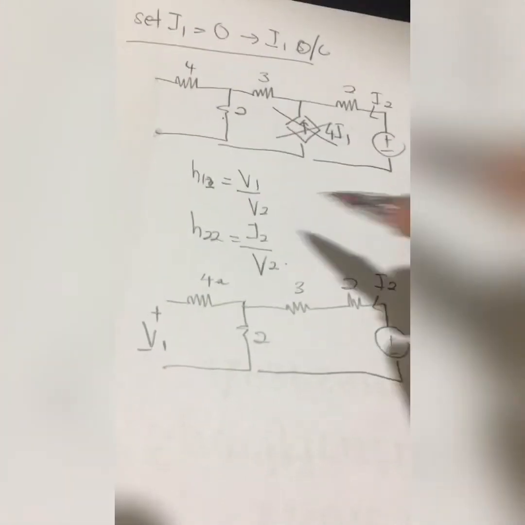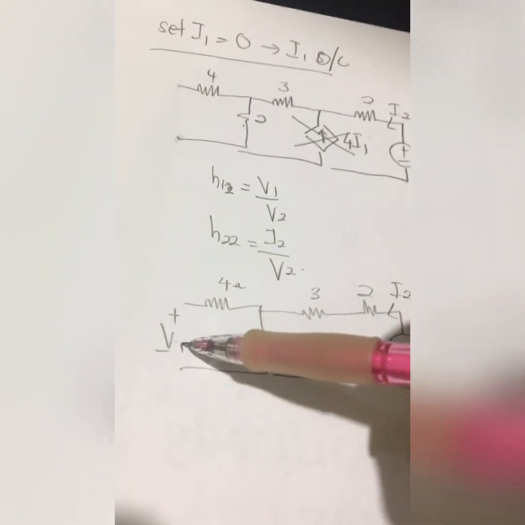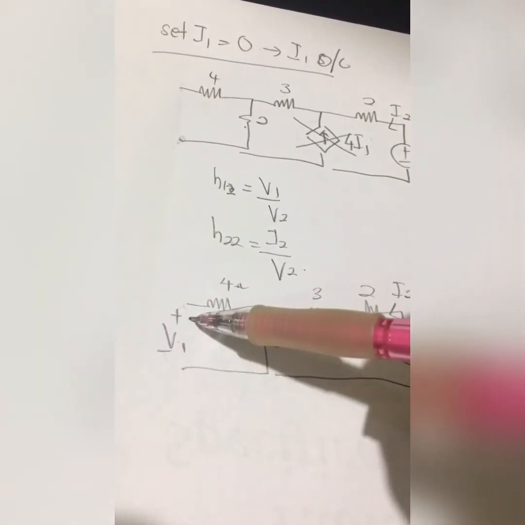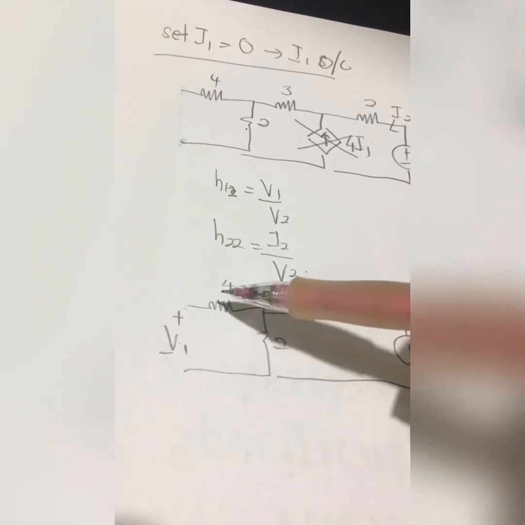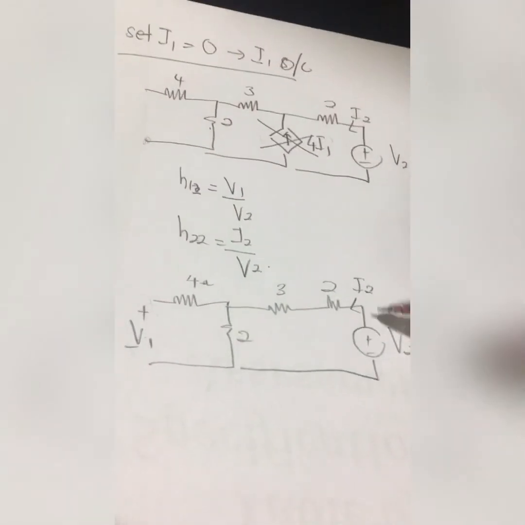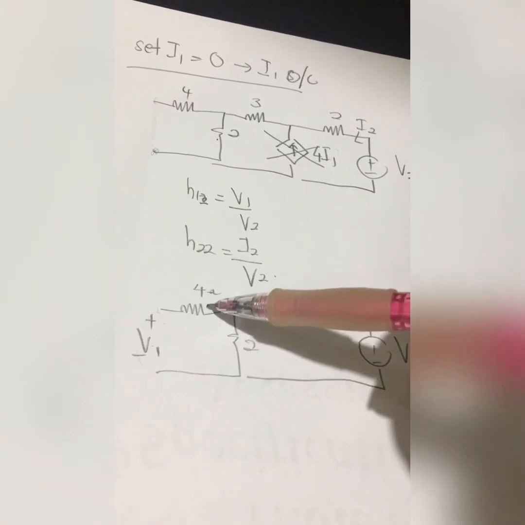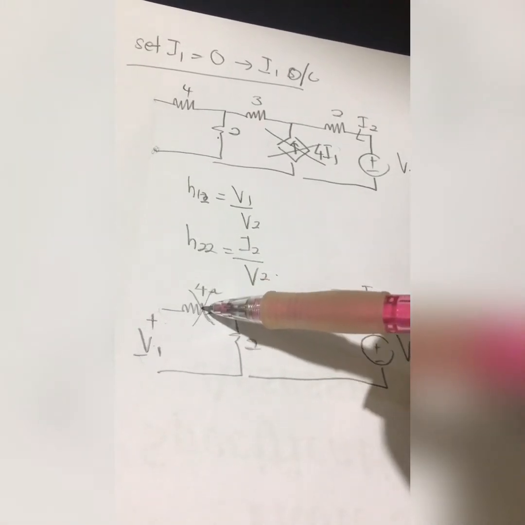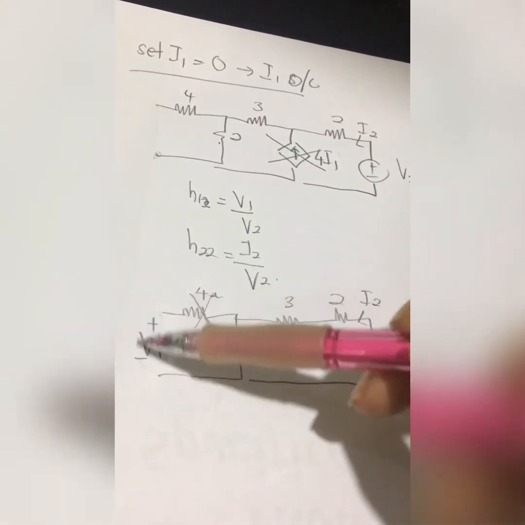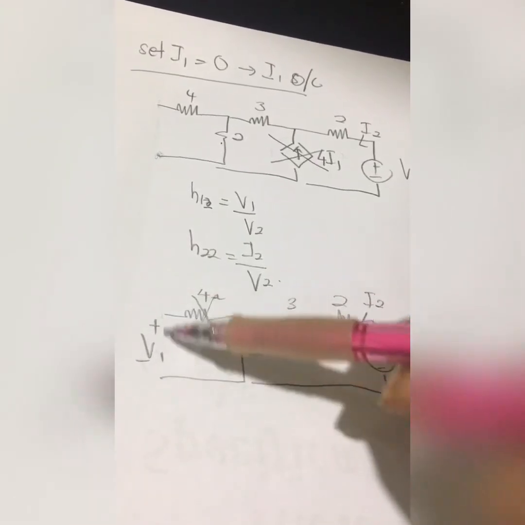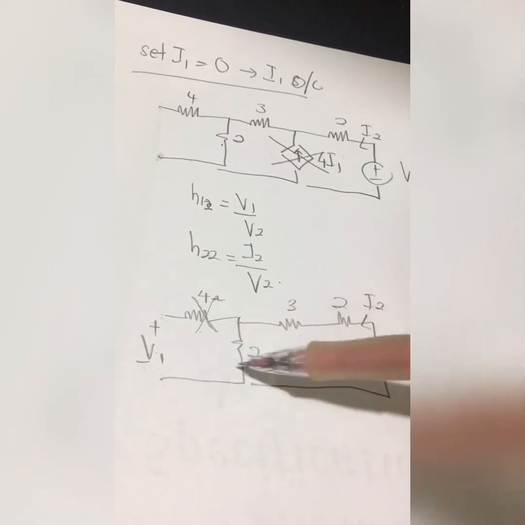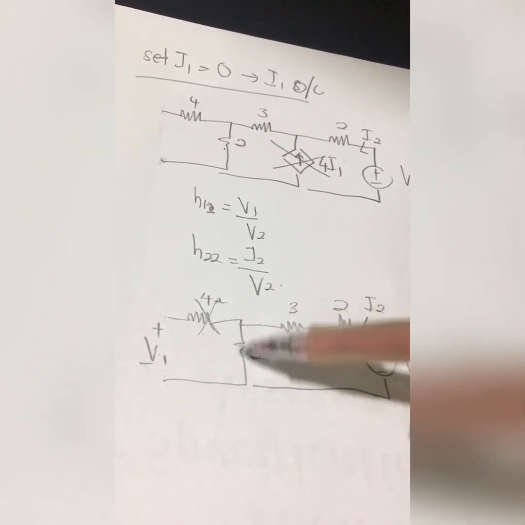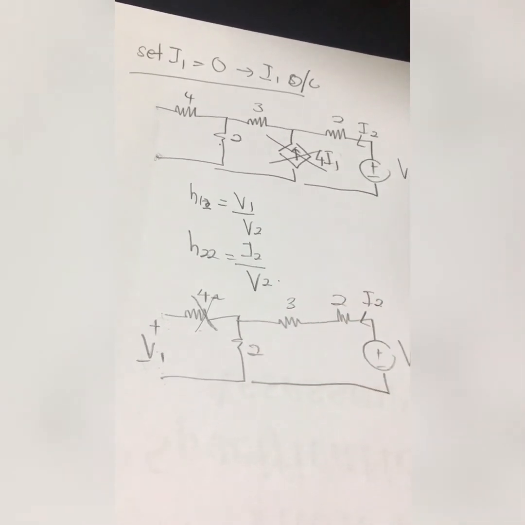Okay, so again, the voltage measured at this part is actually the voltage at this 2 ohm. Since current from this source will not flow to this branch, there will be no voltage drop here. So automatically the voltage at this open circuit will be equal to the voltage drop at this resistor.